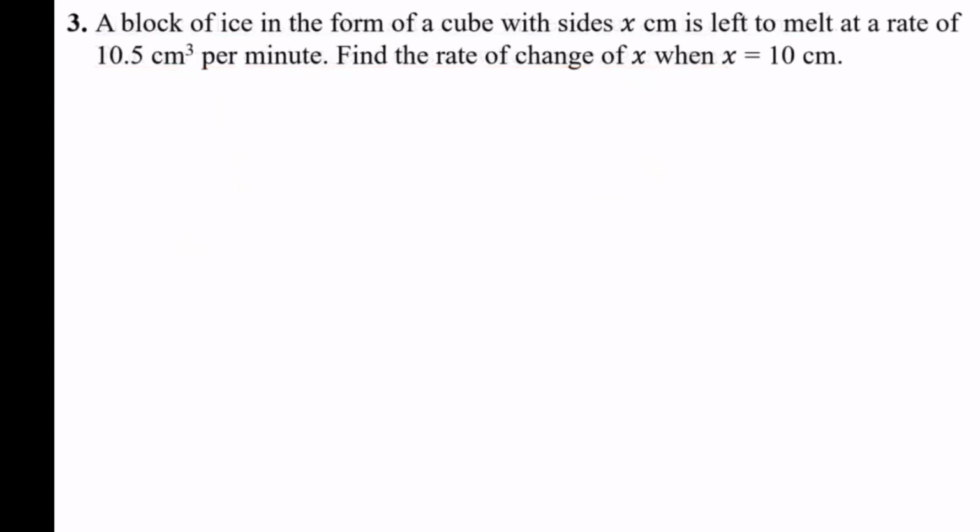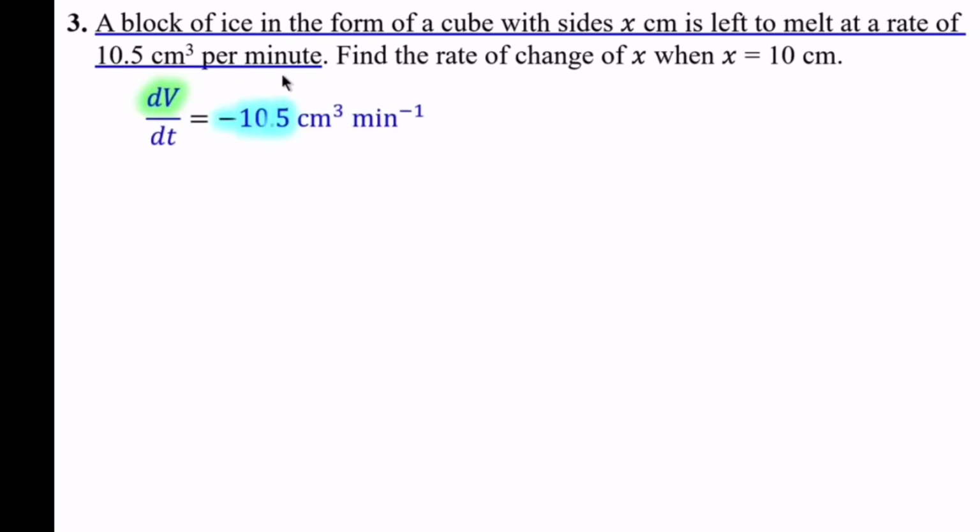It's 8 over 4. For question number 3, a block of ice in the form of a cube with side x is left to melt at a rate of 10.5 cubic centimeter per minute. Find the rate of change of x when x is equal to 10. So what are the keywords? Ice in the form of a cube, side x, melt, it means the volume will decrease, rate is 10.5 cubic centimeter per minute.